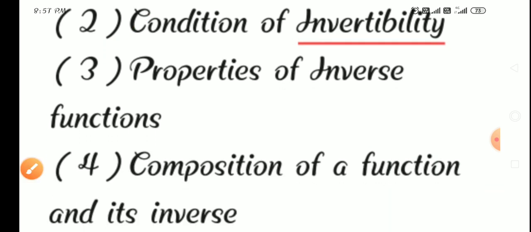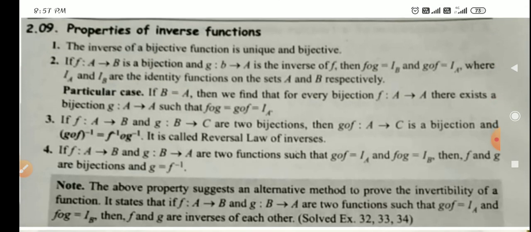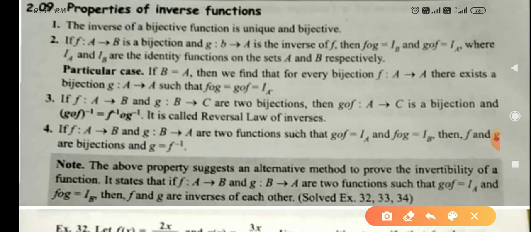Now next point is properties of inverse functions. So some properties are there for inverse functions, you pay attention here. First property is: inverse of a bijective function is unique and bijective. Because bijective functions are the only invertible functions, they are saying the inverse of a bijective function is unique.